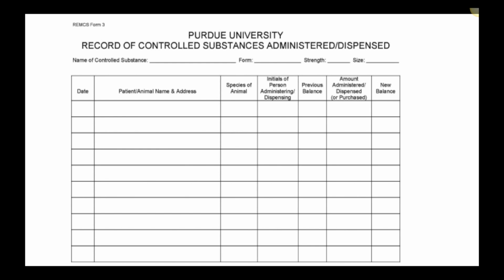We have to have the patient name, the animal name, and of course the client's address and phone number most often, or at least an identifying feature of how we can contact them. Species is debatable. Sometimes we keep species, sometimes we don't. The initials of the person administering or dispensing, so we often have the RVT's initials and the vet's initials. And then we have the amount taken out and then the new balance.